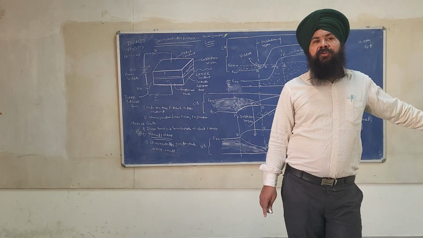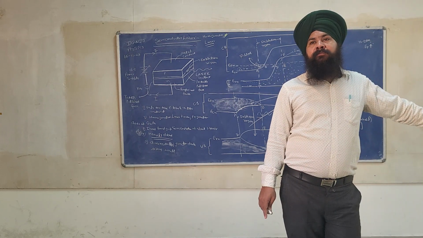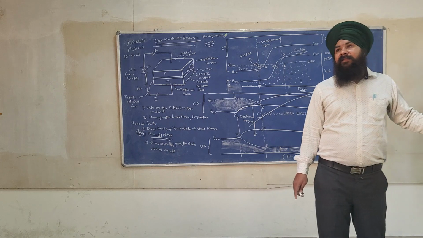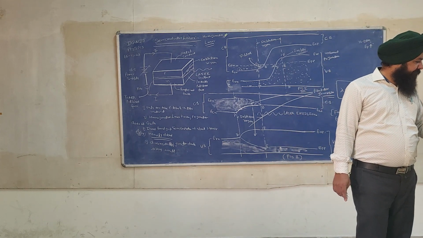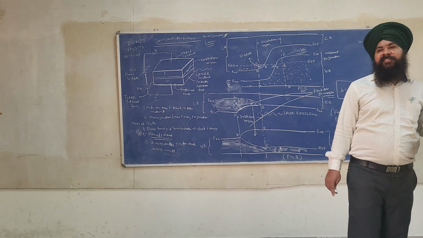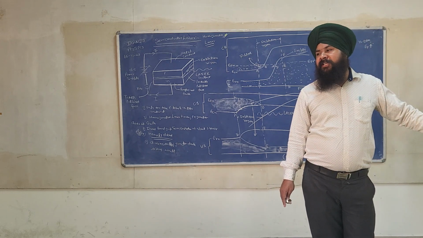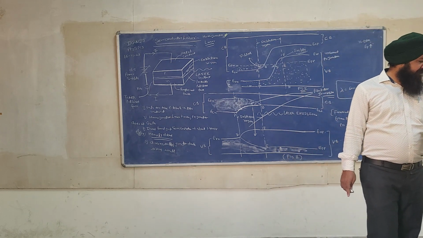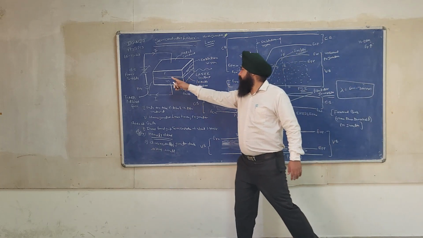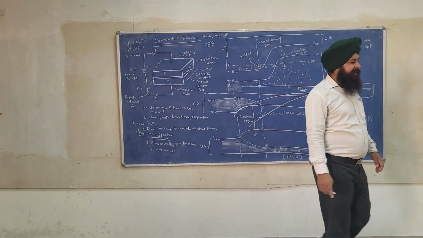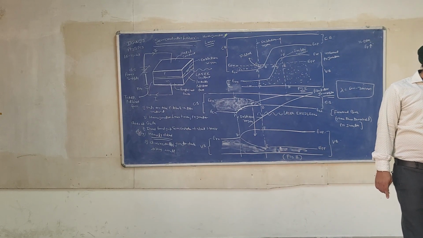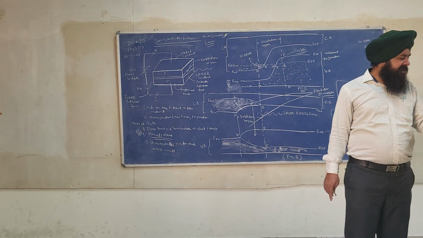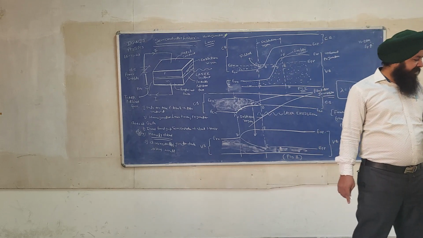When applied current is more than threshold current, then we achieve a population inversion in a small region within the depletion region.